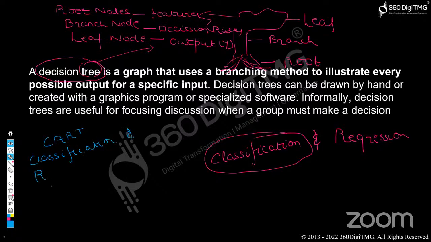When we talk about a decision tree, it simply asks a question, and based on the answer, yes or no, it further splits the tree into subtrees.